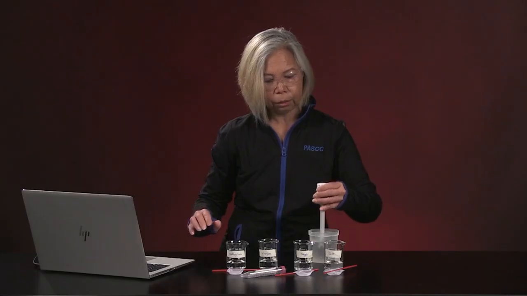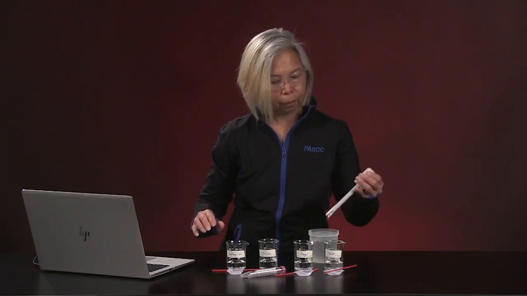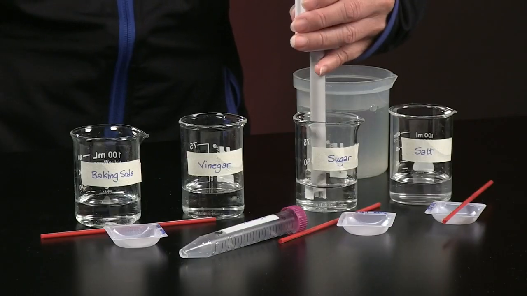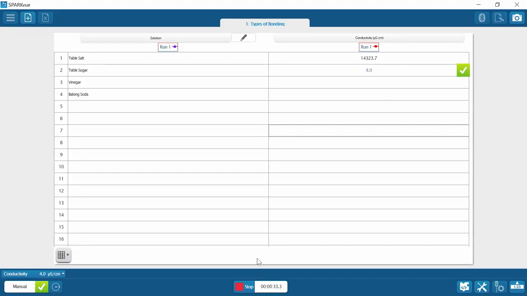Let's rinse this out. Let's see what sugar looks like. Look at that. Table sugar is reading about 4 to 6.